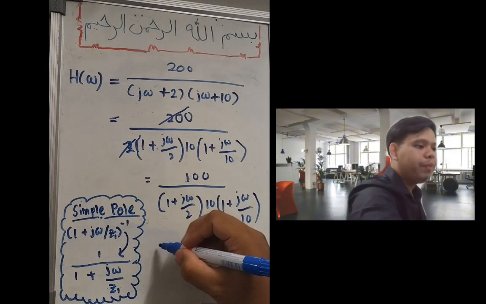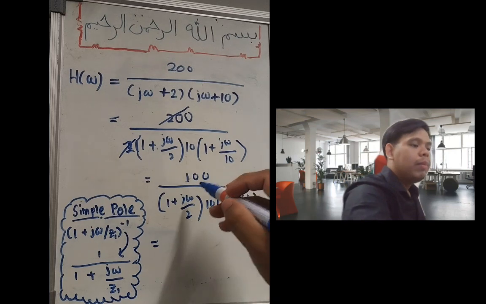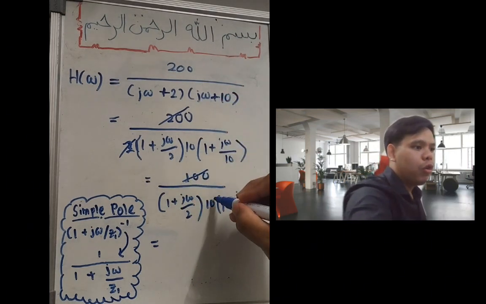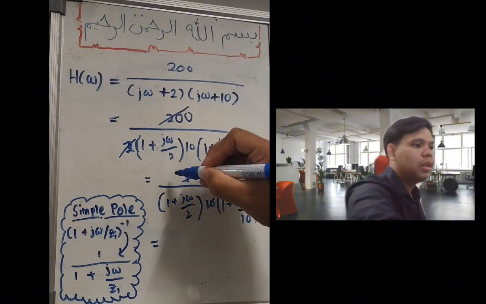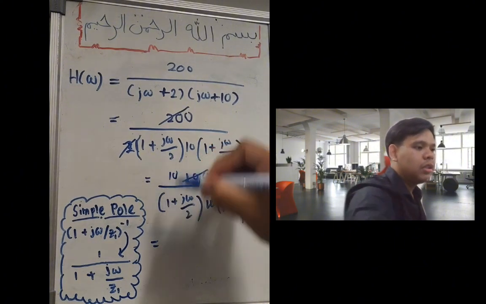Next, we must cut the 100 divided by the 10. So 100 divided by 10 is 10.